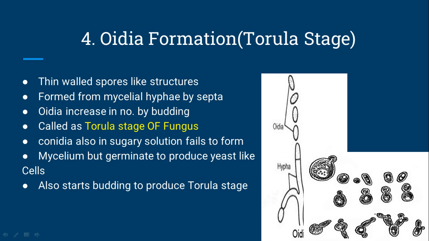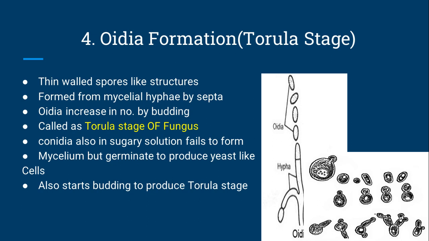And later on they increase in number by forming bud-like structures, that is budding. Just remember this as the structure of yeast, which also reproduces by budding. So these oidia, which start budding, resemble a torula, and that's why it is called the torula stage of fungus.